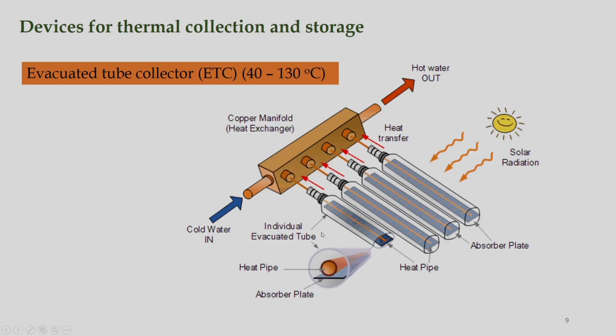Solar radiation is received on this glass cover, and it is transferred to this absorber. This portion is maintained vacuum, so that convective losses can be minimized. This kind of configuration is attached in a single evacuated tube collector, and finally, we have a header and hot water can be stored and applied whenever required.